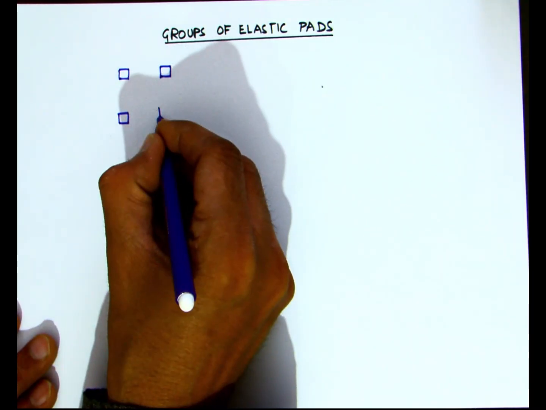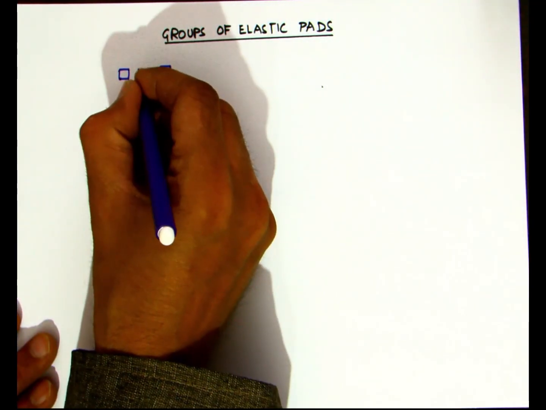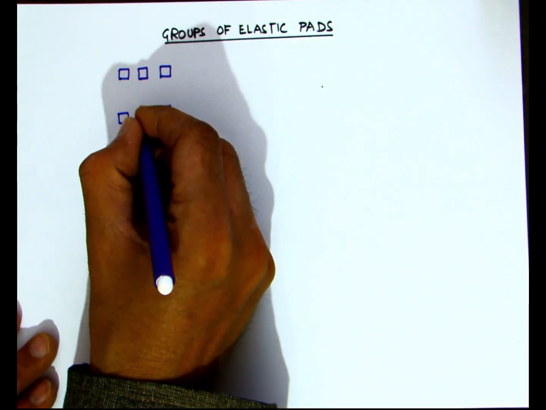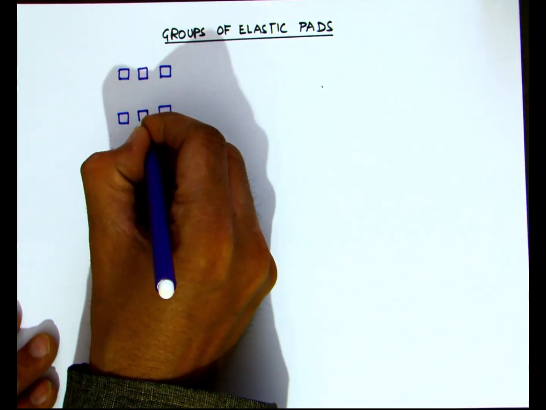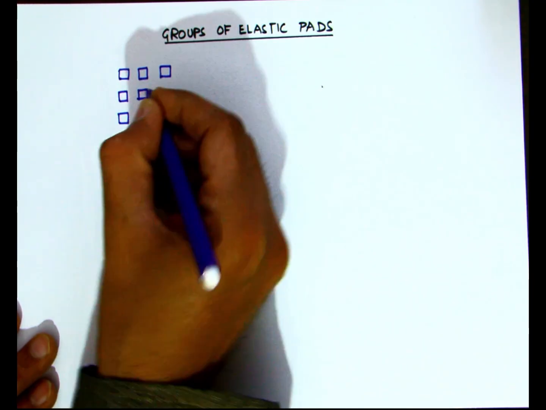So we may use a set of 4 pads or 6 pads or 9 pads, or any other number of pads as per the availability of the anchorage points and our requirement.